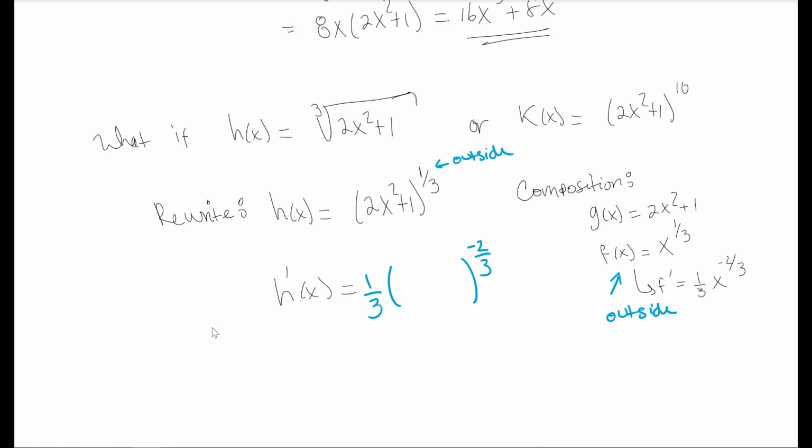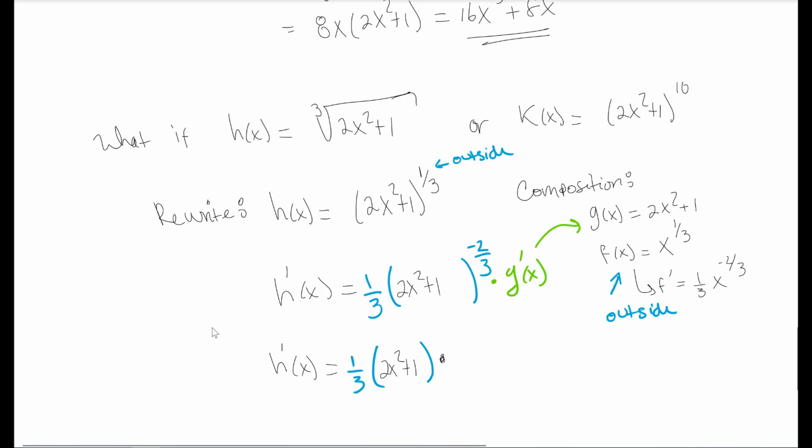So the inside is the 2x squared plus 1. And then we're going to do times the derivative of the inside. The inside is my 2x squared plus 1. So h prime of x becomes 1/3 2x squared plus 1 times the derivative of 2x squared plus 1.